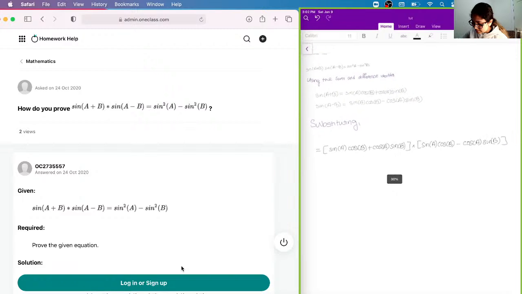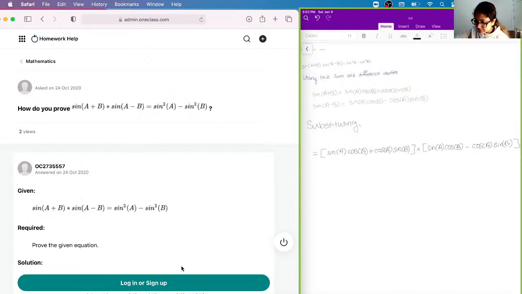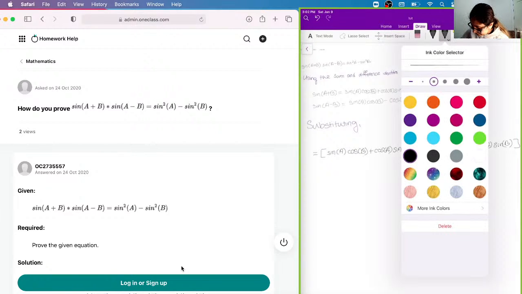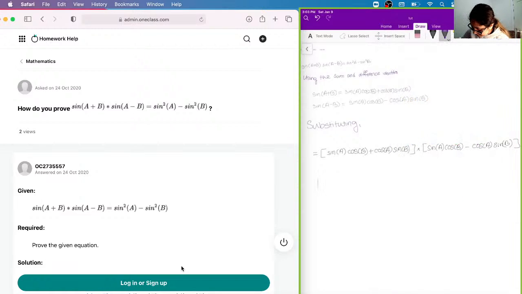And now, using algebra, we can see that this kind of resembles a plus b times a minus b, which is equal to a squared minus b squared.